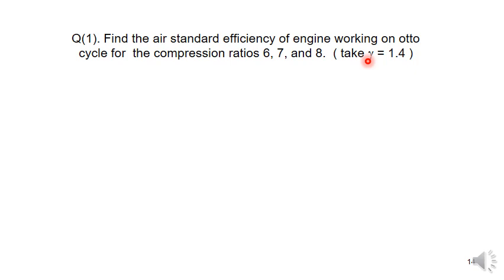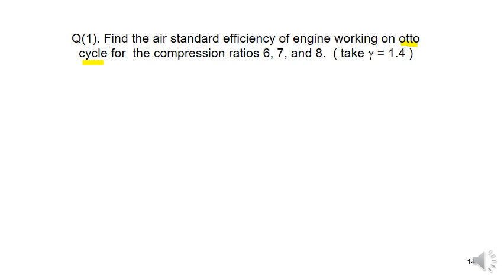Here they asked in the form of a numerical problem. We have to be careful to identify whether the problem is a Carnot cycle, an Otto cycle or a diesel cycle. Here it is clearly mentioned that it is an Otto cycle.